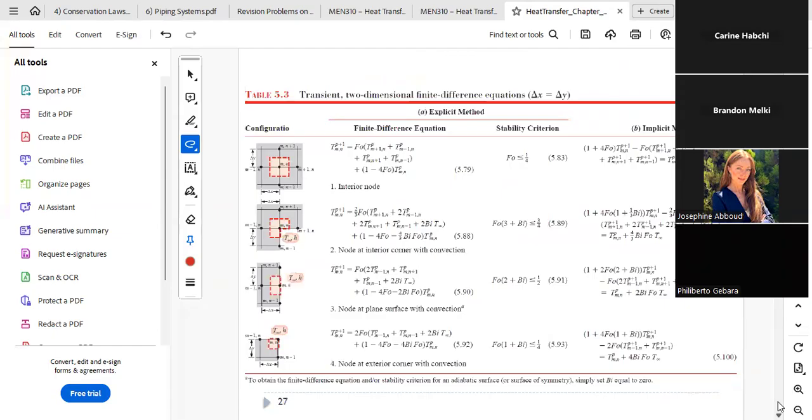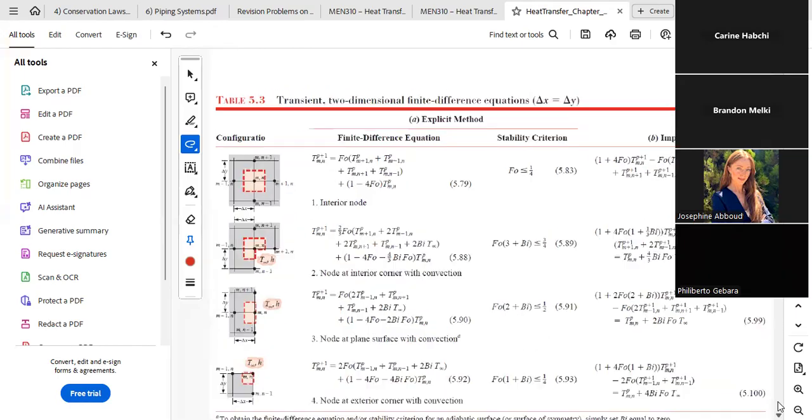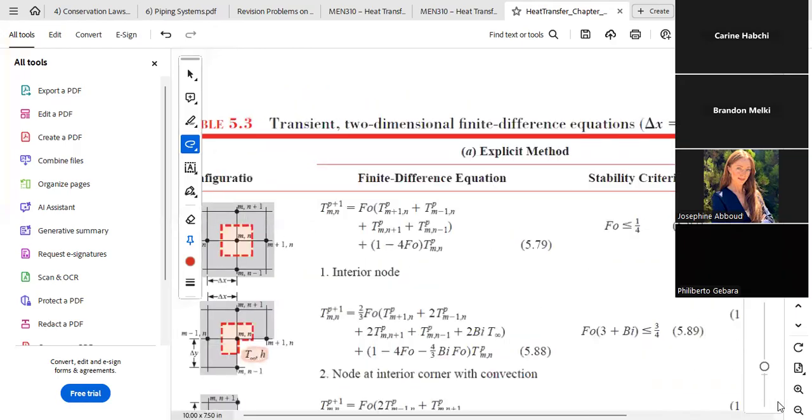Now, if we apply this method for different types of cells, you remember in chapter 4, we said we can have a cell at the center, we can have a cell at the extremities.